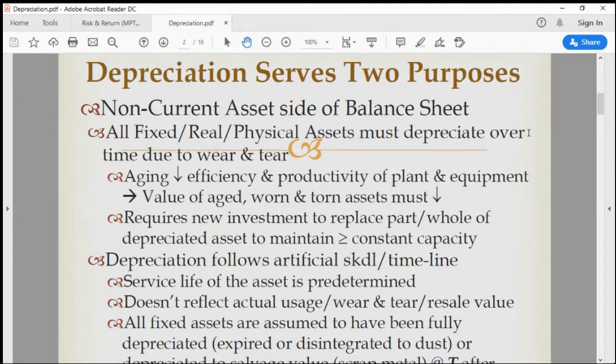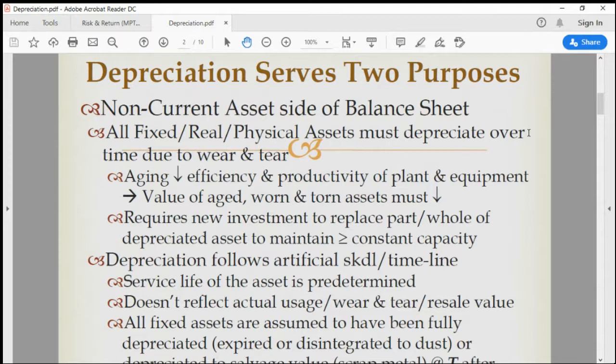What does that mean? That means if this car was $50,000 at time zero when it was purchased, then 5 years later, at time five, the value of this car will reduce to zero or just to scrap metal value.